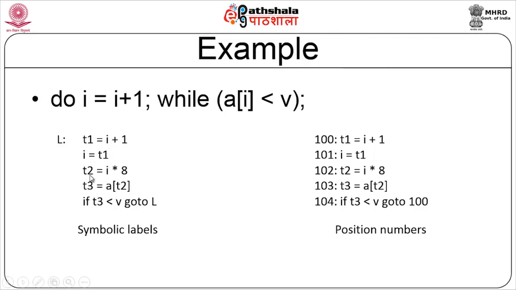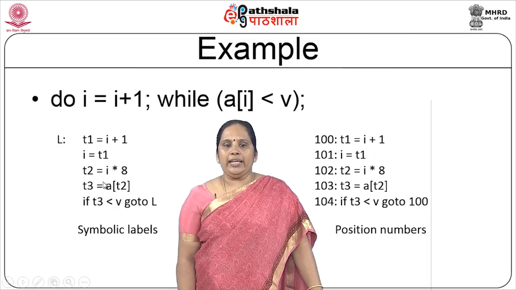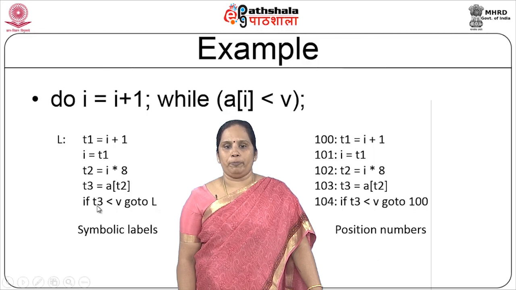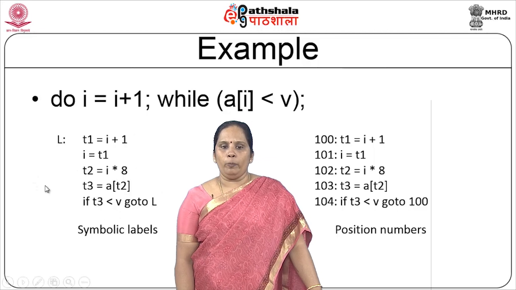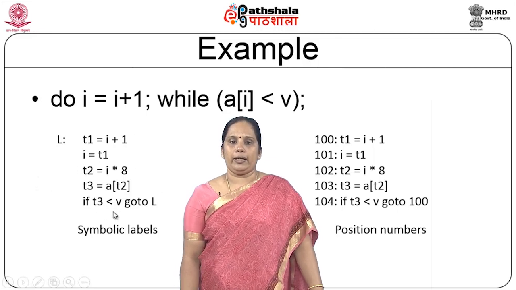Then T2 is equal to I into 8, because I am assuming the integer is of length 8 bytes. I am going to do an A of T2, that is how much offset is necessary, assigning it to T3. So this is the value A of I computed in T3. I will check T3 less than V. If T3 is less than V, go to L. So this is a conditional jump. This is a do while loop, so I will keep looping till this condition is satisfied.